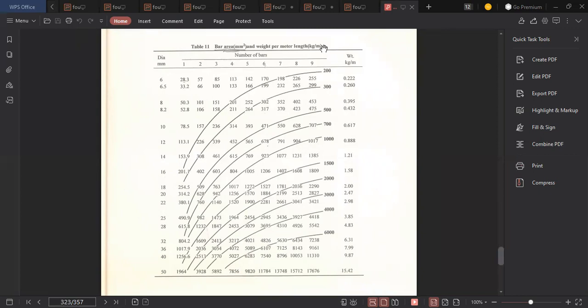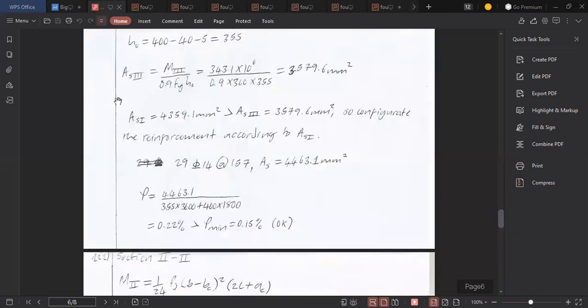First we want to meet the AS, to be close to the AS which we've found here. Let's say, for example, Faith's AS1 was about 4,359.1. Whenever we choose, we want it to be close to that amount.